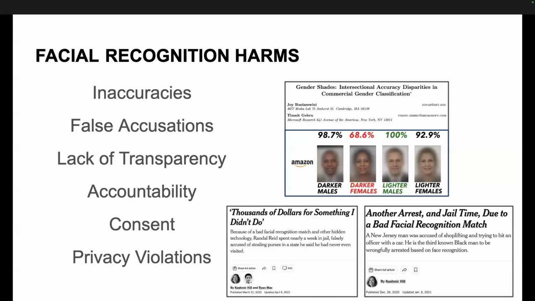Facial recognition and facial identification obviously get used in the wild, and the accuracies of these systems, when used by individuals and groups of power, can lead to false accusations, false arrests, very real harms that are felt by individuals right now.